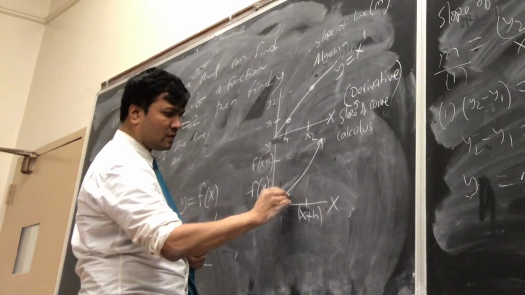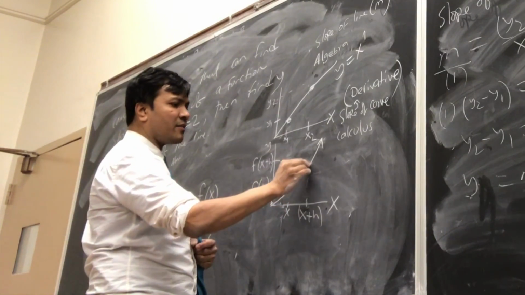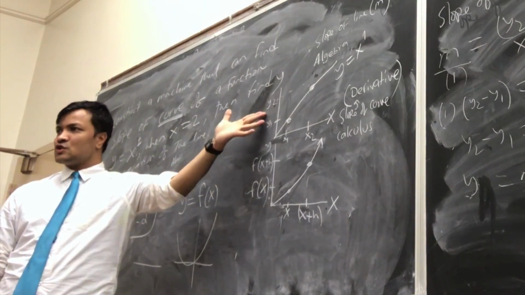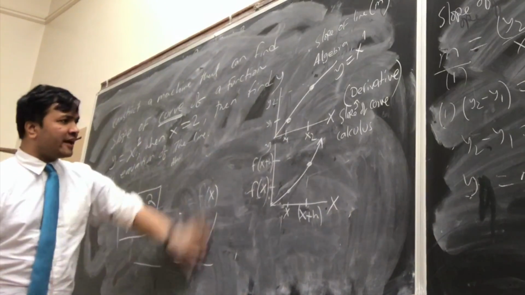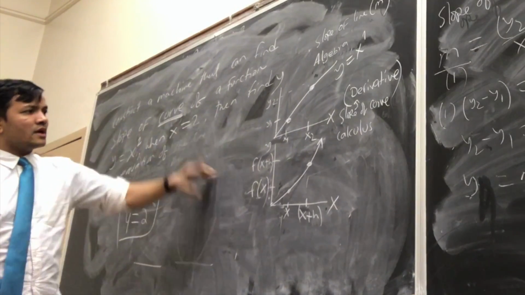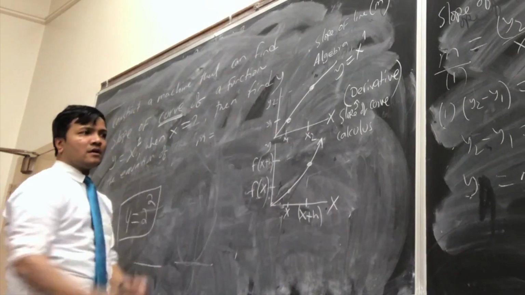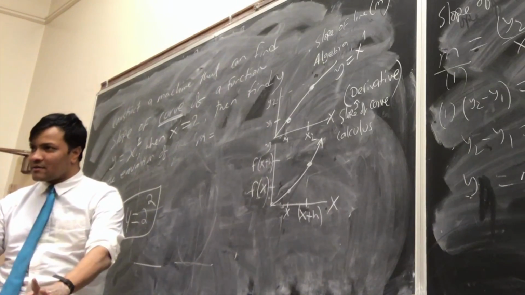Okay. So here x plus h. Now I'm going to explain. Before I explain, let's derive that machine again, and we're going to derive it here. Here we're going to call it slope of line. We're going to write m, and here we're not going to call it m.